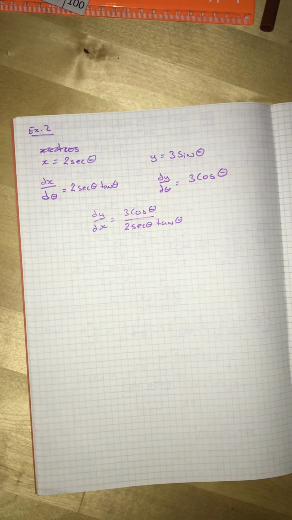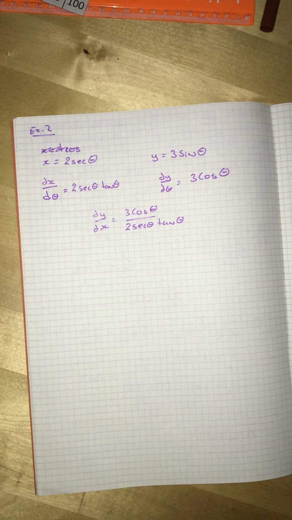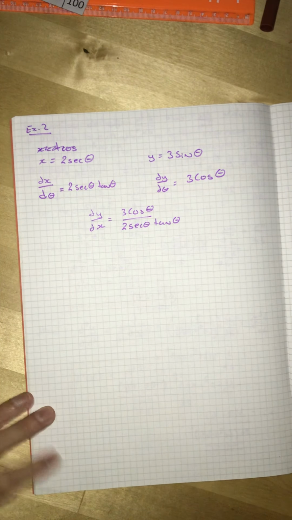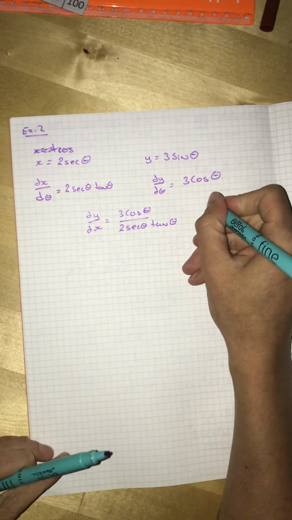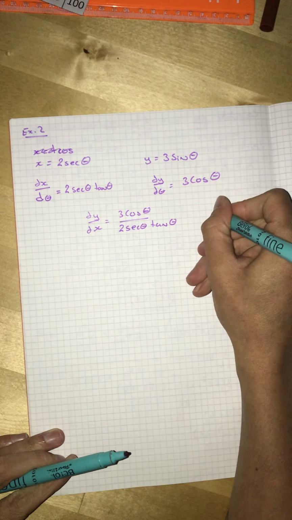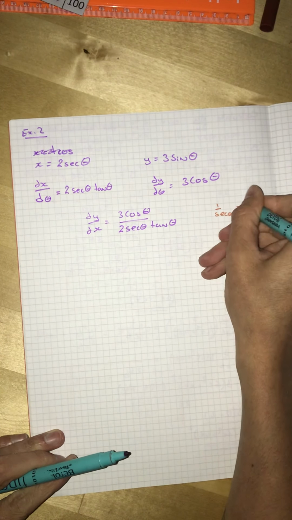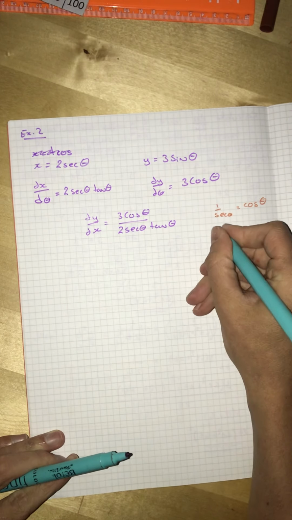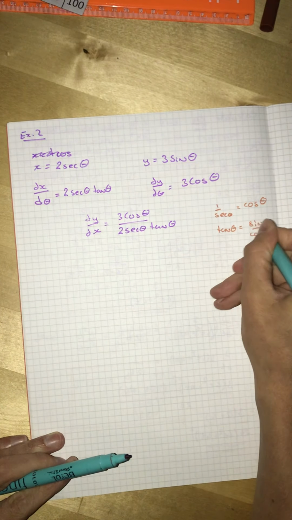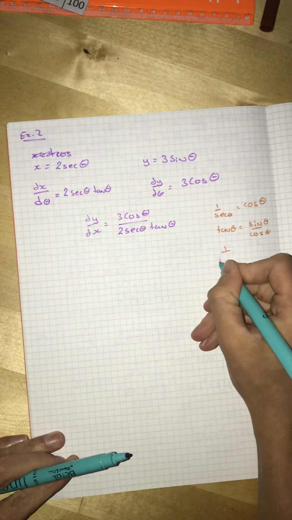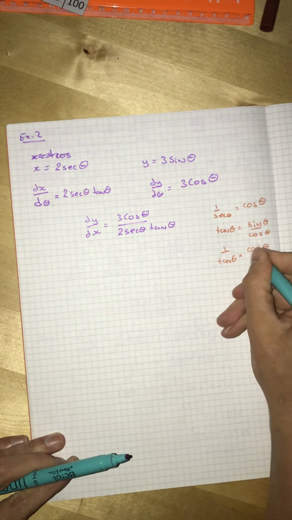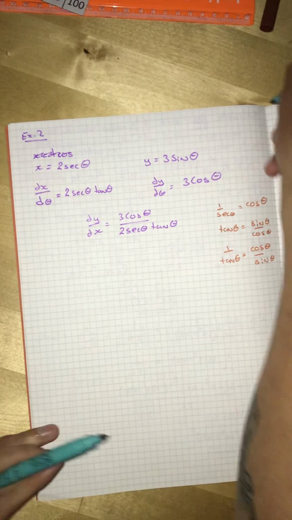Okay? Now what we could actually do is simplify this before differentiating it further, remembering hopefully that sec theta is just 1 over cos theta. So 1 over sec theta will be cos theta. Remembering that tan theta is sin theta over cos theta. So 1 over tan theta, which is what we've got here, is going to be cos theta over sin theta.